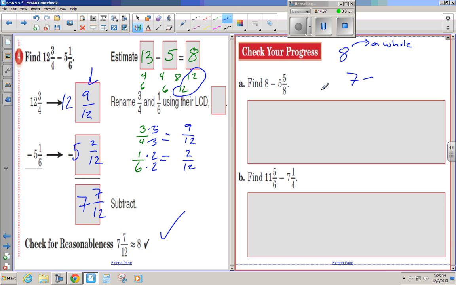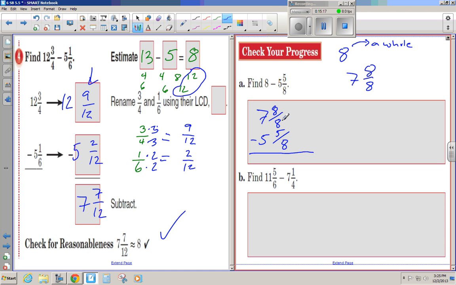So we need the denominator to be an 8, the numerator to be an 8. So now I can take 7 and 8/8, and I can subtract 5 and 5/8.